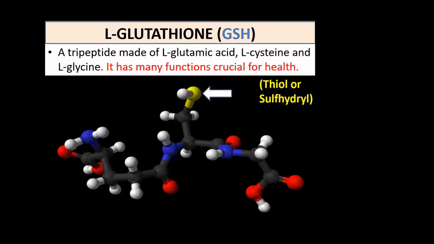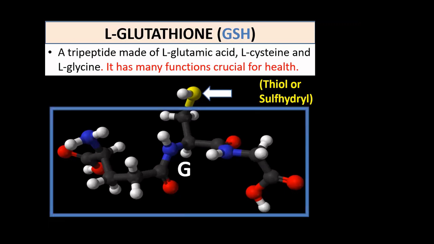So this is how the molecule looks for those of you who know chemistry. The 3 amino acids: on the left is glutamic acid, the center is cysteine, and on the right is glycine. The short form, GSH: the G refers to the bulk of the molecule, and the SH refers to that portion up there with the sulfur atom attached to a hydrogen atom, which is called the thiol or sulfhydryl group.